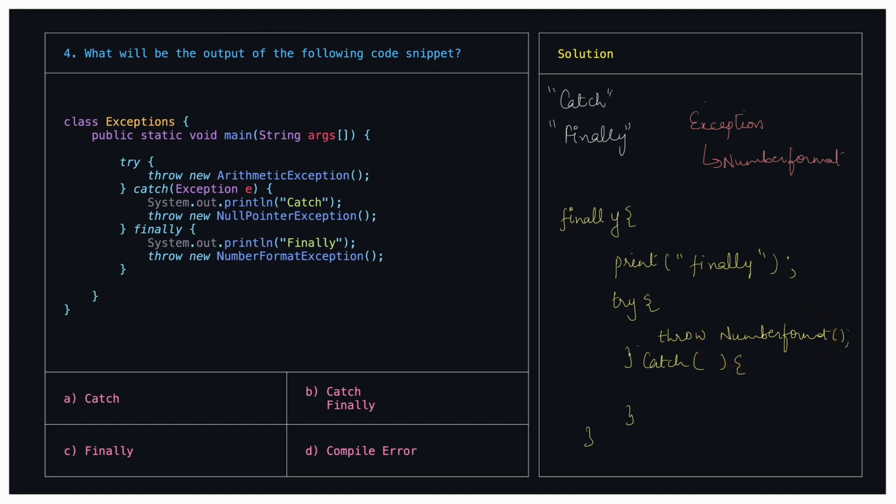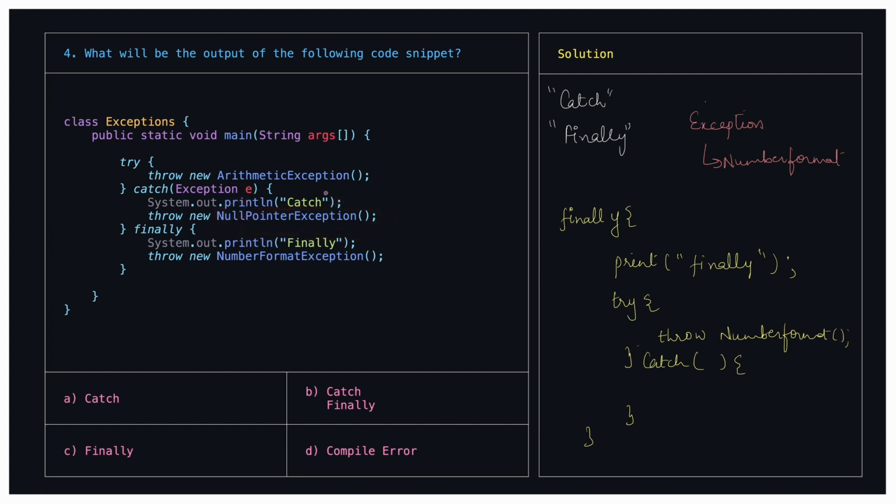What I said: if there are more than two exceptions in a program which are not handled, the last unhandled exception will be thrown. So in this case, this number format exception has already been handled. That means the last unhandled exception will be the null pointer exception in this case, right?